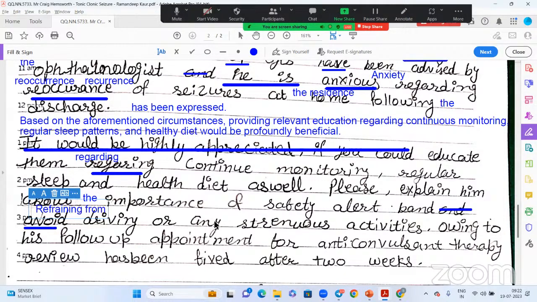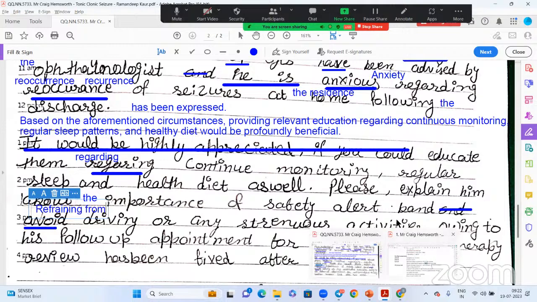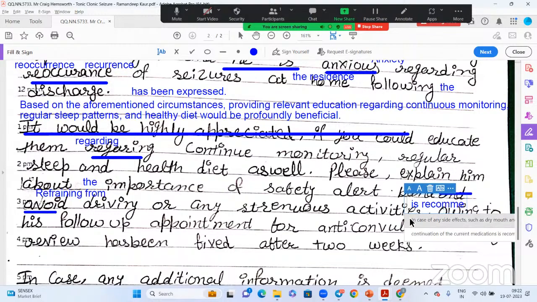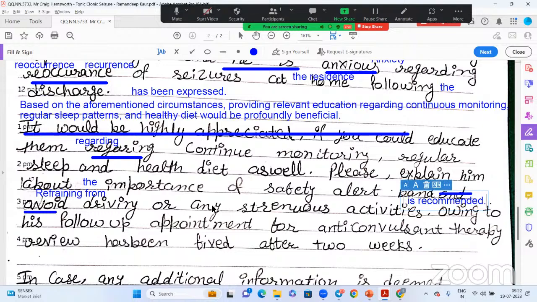Okay. Is recommended. Okay, full stop. Refraining from driving and involving in strenuous activities. Refraining from driving.